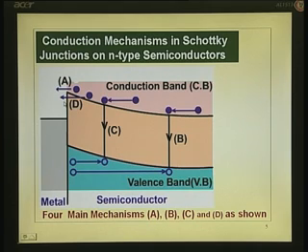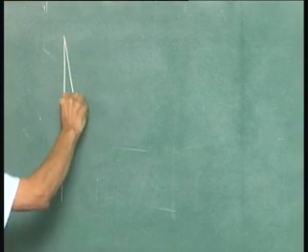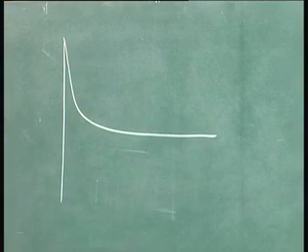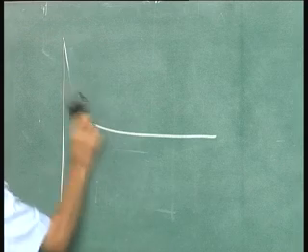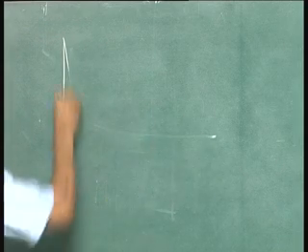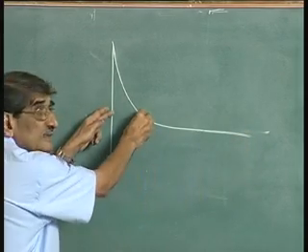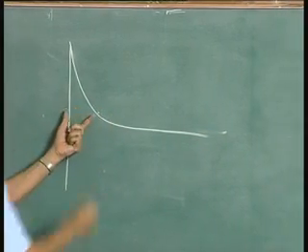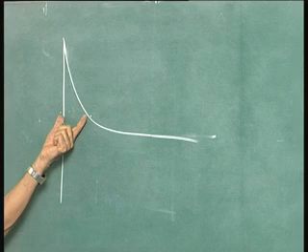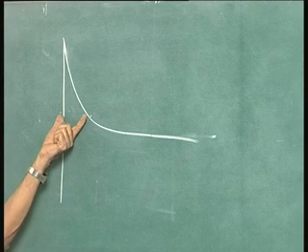As you go from bottom to top, I will just draw that because it is not very clear there. Suppose I have a diagram like this, and I have this Schottky barrier like this. Let me draw it slightly differently. It is not a lightly doped semiconductor. The barrier is wide here, maybe 200 angstroms, 300 angstroms, or even 0.1 micron.